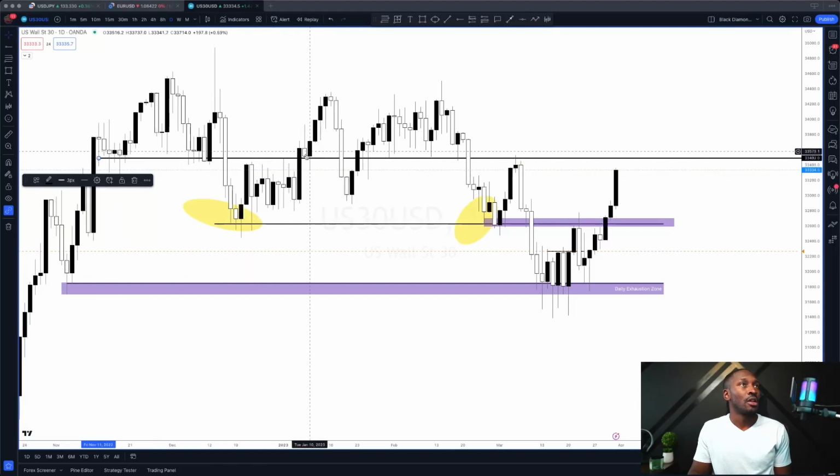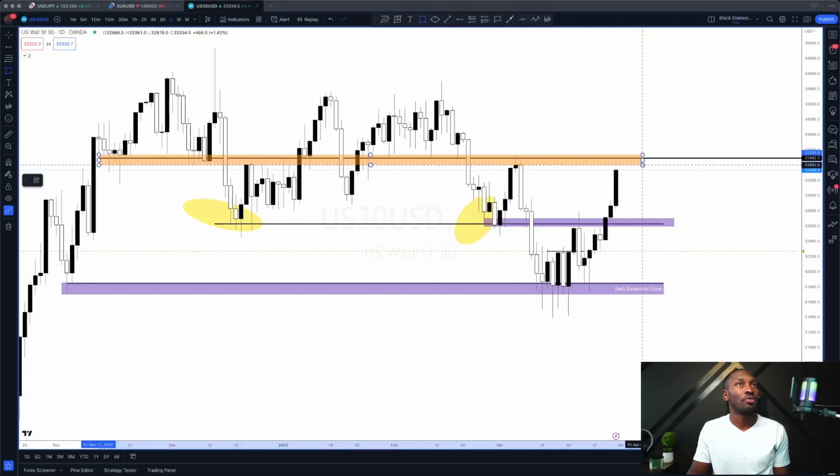Test right here, break, came back to retest with that wick, break, test it, break, test it. So this is a pretty key area here. I would say this is a good area to look for price to come back to, before having some sort of reaction in this area.